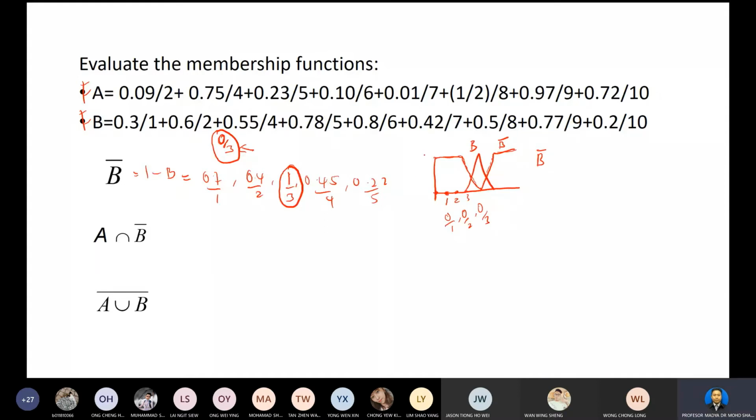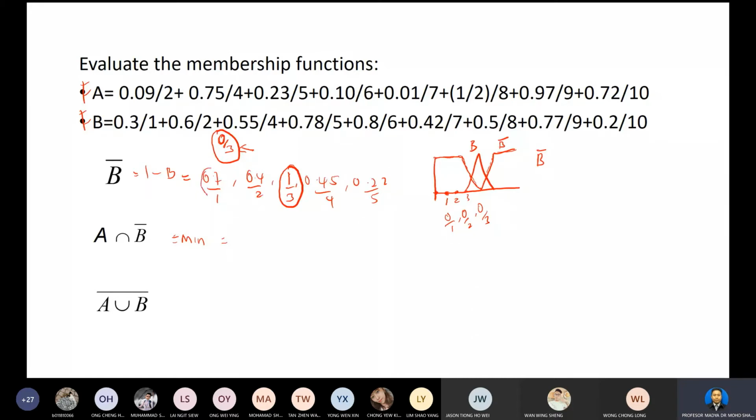Next, after you do the complement of B, you can do A intersection with complement of B. That means we have to select the minimum. First, make sure you select the same sequence.